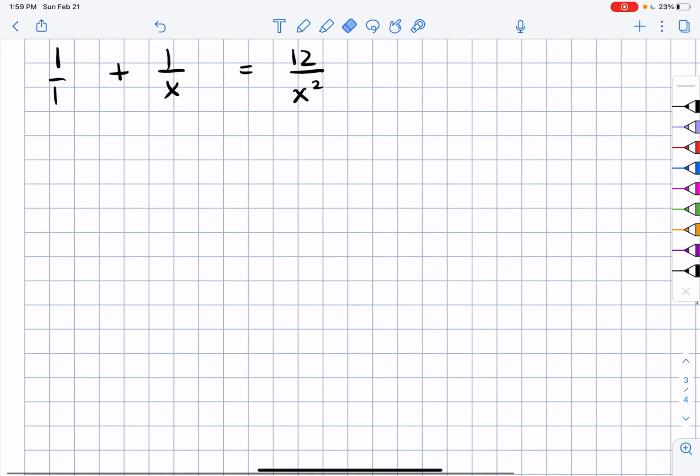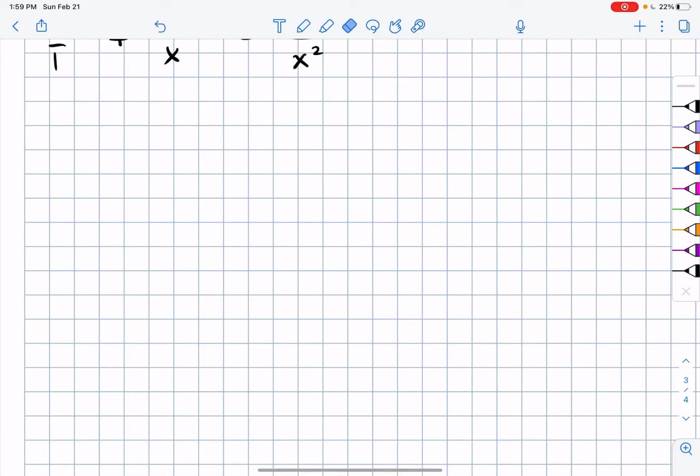So if I look at just the denominator, I have a 1 here, an x here, and x squared here. So when I say what do they have that I don't have? Well, this is missing the 2 x's, right? This one is missing a 1 and an x, right? And this one is missing a 1.